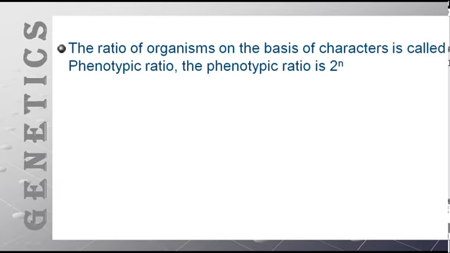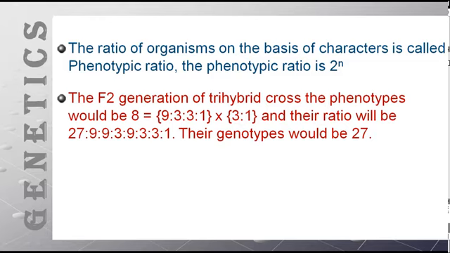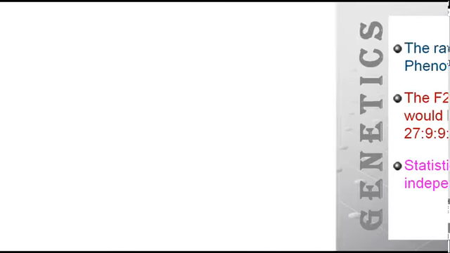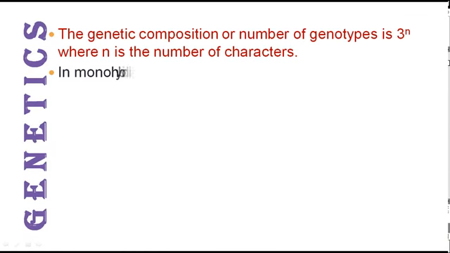F2 has genotype 9, it was discussed, and if there are 3 characters taken together, the result will be 8 phenotypes and 27 genotypes. So in this result, all statistical descriptions have been made, and the result is completely based on the probability concept.